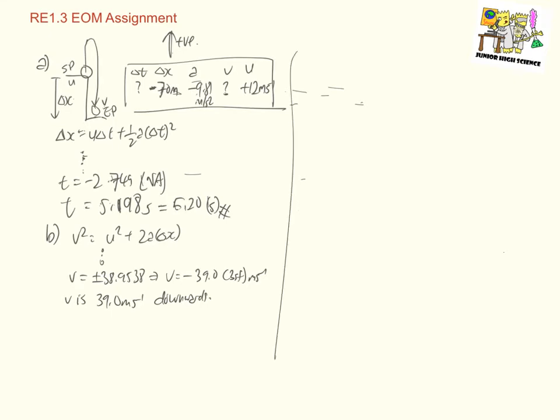Now for part C, we are supposed to find the total distance that the rock or the stone travel. So we already know that the cliff is 70 meters above the bottom of the cliff, and therefore we need to find what is this maximum height.